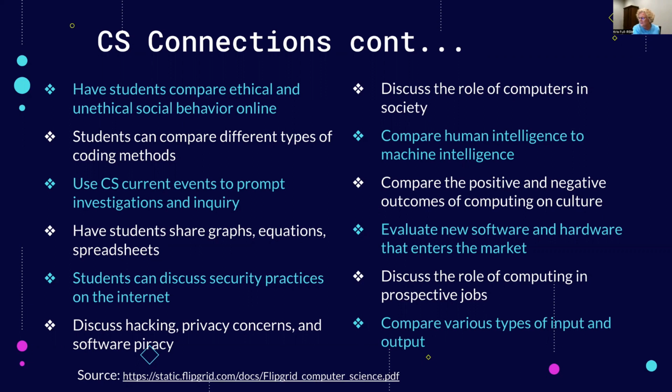And then in Computer Science Discoveries, I've used it a couple of different ways. One is when they have to do a presentation, like they create an app and then have to explain it. They create almost like a commercial and record that in Flip.